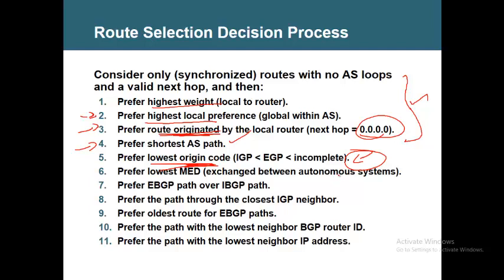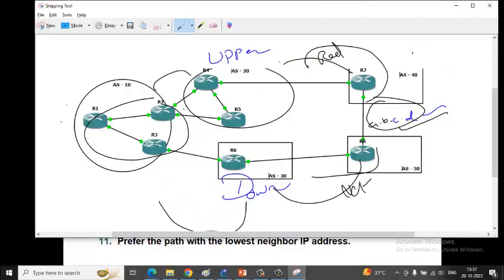This is the sequence. Next, MED. Multi-exit discriminator is exchanged between autonomous systems. Now, if you want someone to reach a network here, 1.1.1.1, via this way and not via this way, then you can advertise MED 10 here. The default is 0. So they will come like this.